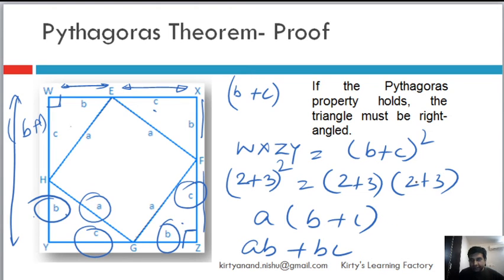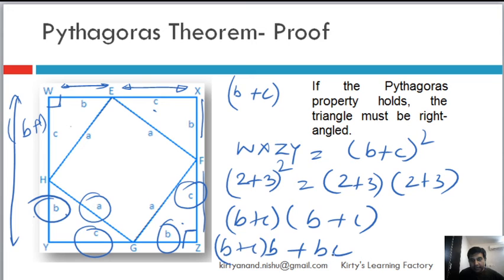Now if a is equal to b plus c, instead of a, let's write b plus c, right? So from here we remove a and we put b plus c.